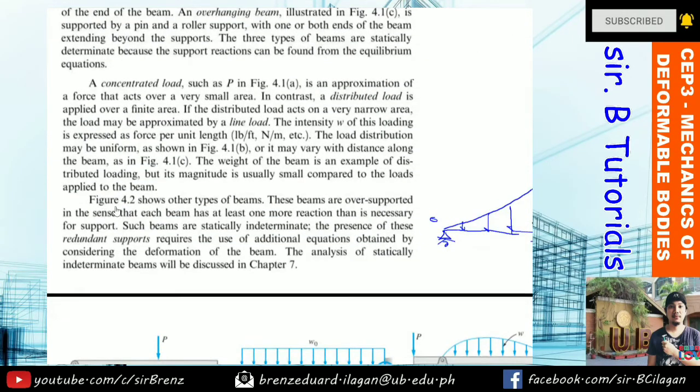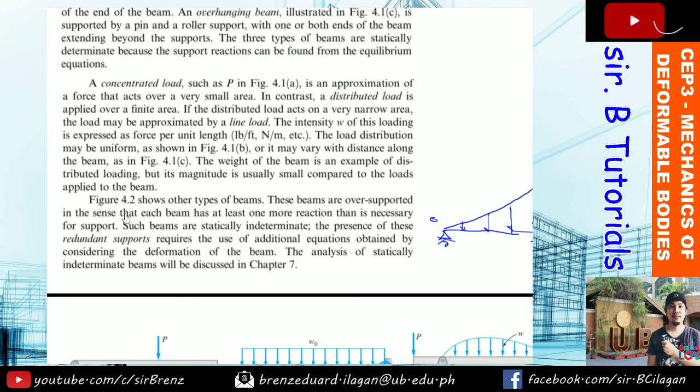So let's continue. Figure 4.2 shows the other types of beam. So these beams are over supported in the sense that each beam has at least one or more reaction than is necessary for support. So such beams are statically indeterminate. So ibig sabihin, yung equilibrium equations mo is not enough to solve for the unknowns.